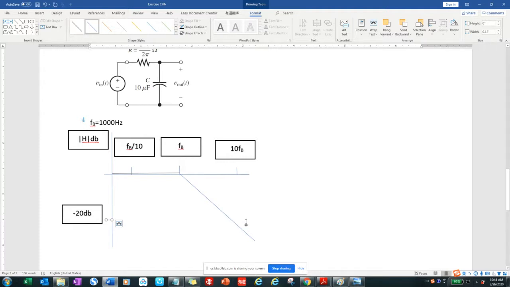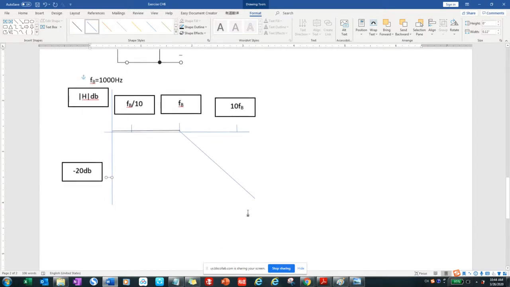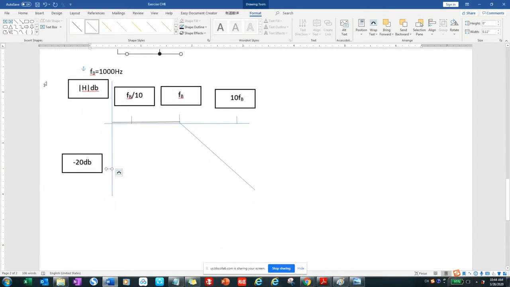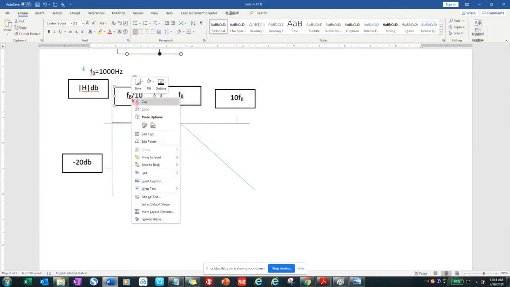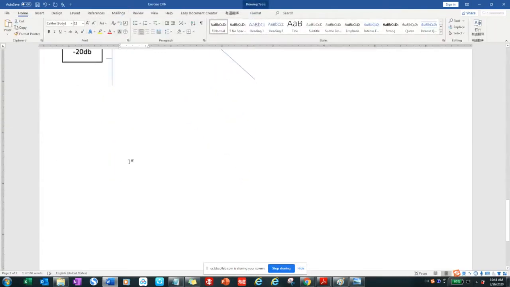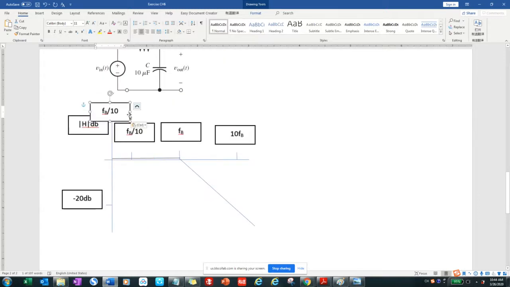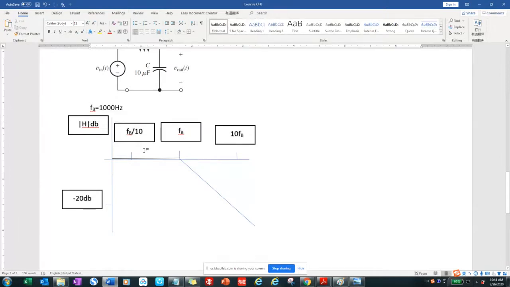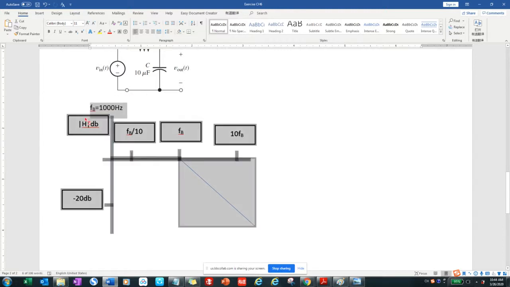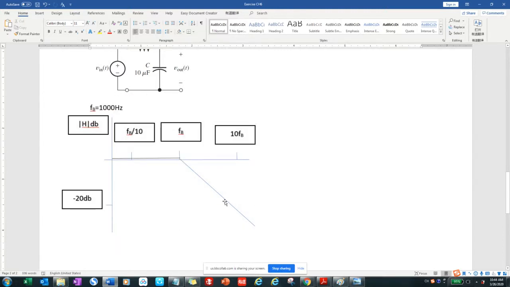So this is for the magnitude plot. The phase angle plot is almost the same. If we want to draw the Bode plot for the phase angle, it is the same thing.